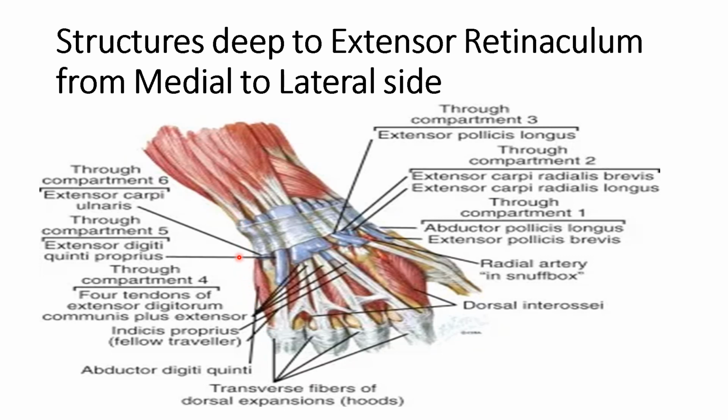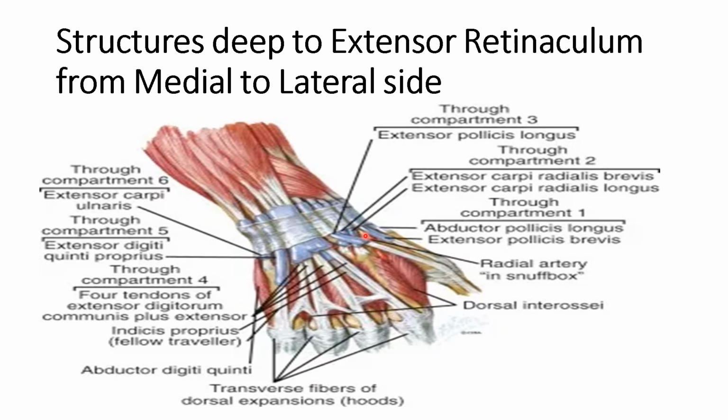The structure that passes deep to the extensor retinaculum from the medial to lateral side is first the extensor carpi ulnaris tendon, which grooves the posterior aspect of the head of the ulna. Then the extensor digitorum and extensor indicis tendons, present in the groove on the ulnar side of the radius, and then the extensor pollicis longus tendon, which winds around the medial side of the dorsal tubercle of the radius.